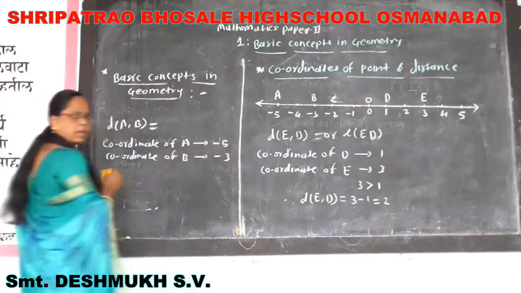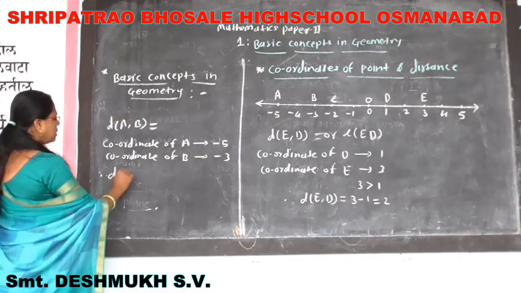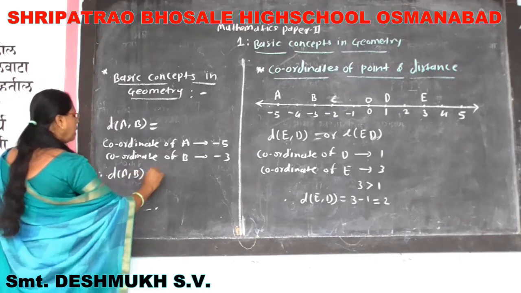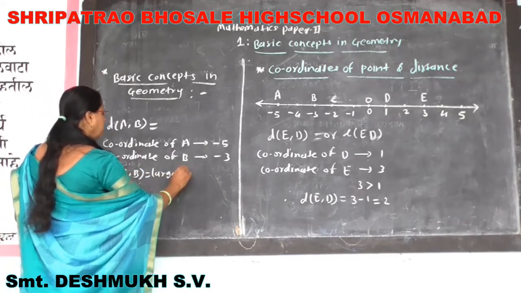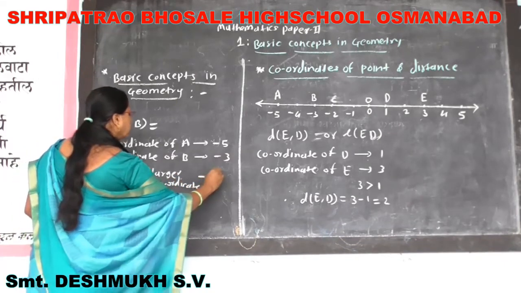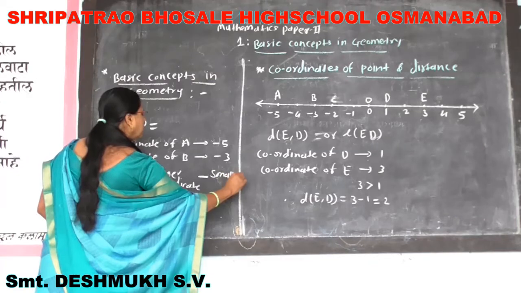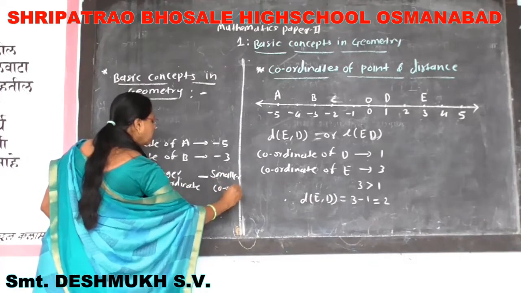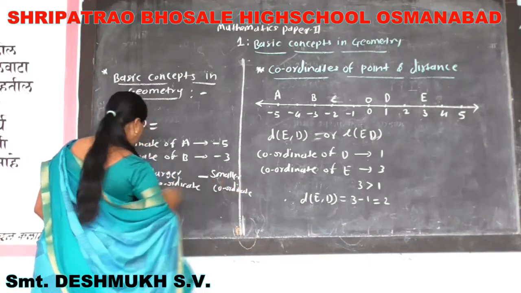Distance AB is equal to the larger coordinate minus the smaller coordinate.